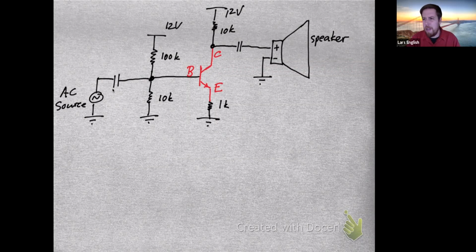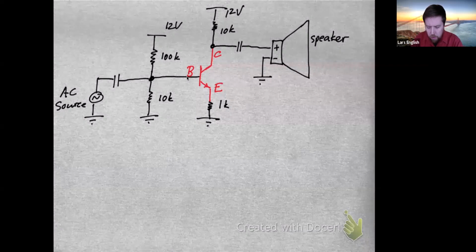Here's a capacitor that makes sure that there's no DC offset there. Now we see that this voltage might oscillate a little bit at B, right? And so if I had to draw that now, what is that voltage here?